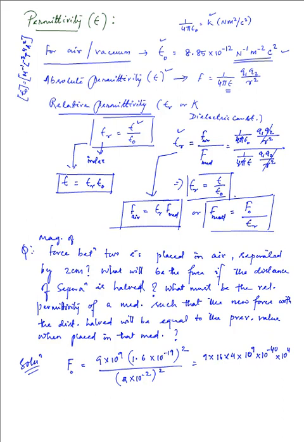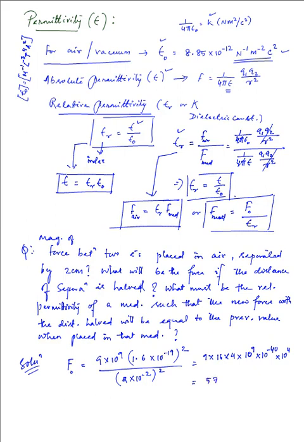So 9 times 4 is 36, 36 times 16. Well, 36 times 6 is 216 if I'm not wrong. So 36 times 6 is 216, 216 and 360 is 576, I guess.